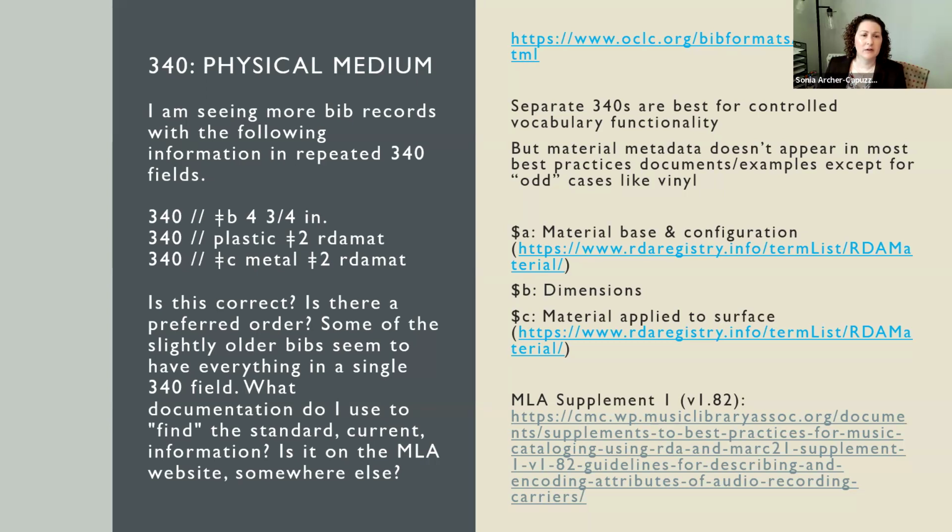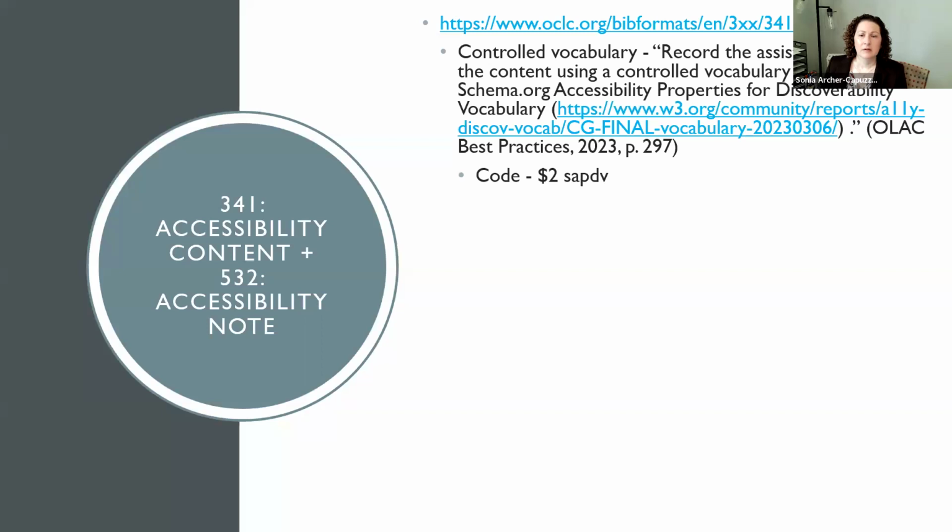All right, so for sound recordings, let's talk about something that was definitely new to me when I started putting together all these different workshops on this topic. This is relatively new, the 341 accessibility content and the 532 accessibility note.